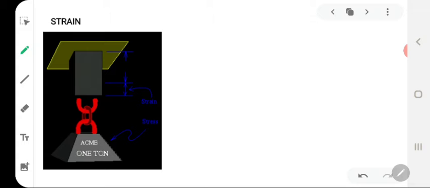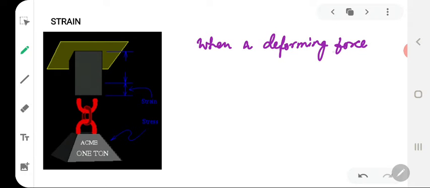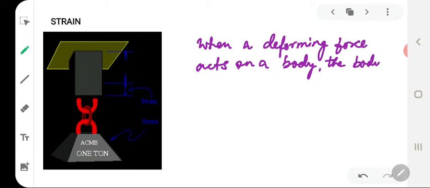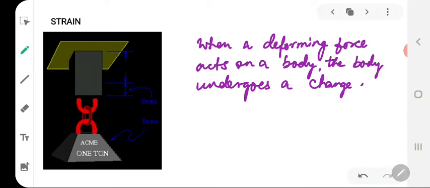Strain. When a deforming force acts on a body, the body undergoes a change in its shape and size.